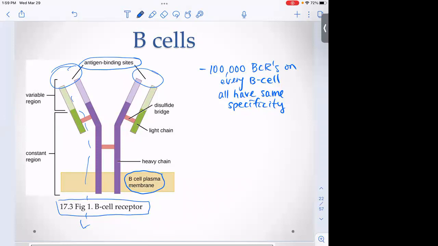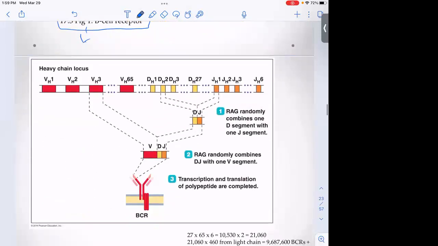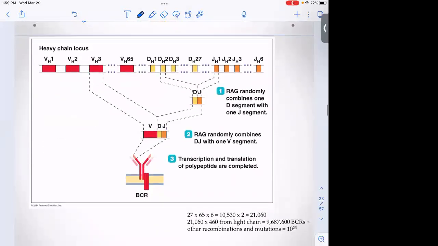Well, some Japanese researchers figured out in the 1970s that it's not one gene to one B cell receptor. So that is certainly not the case.